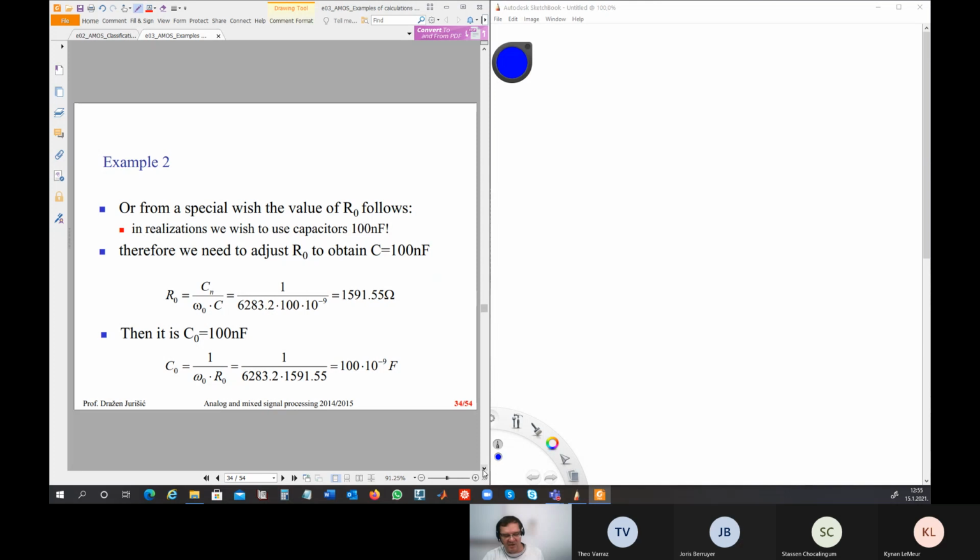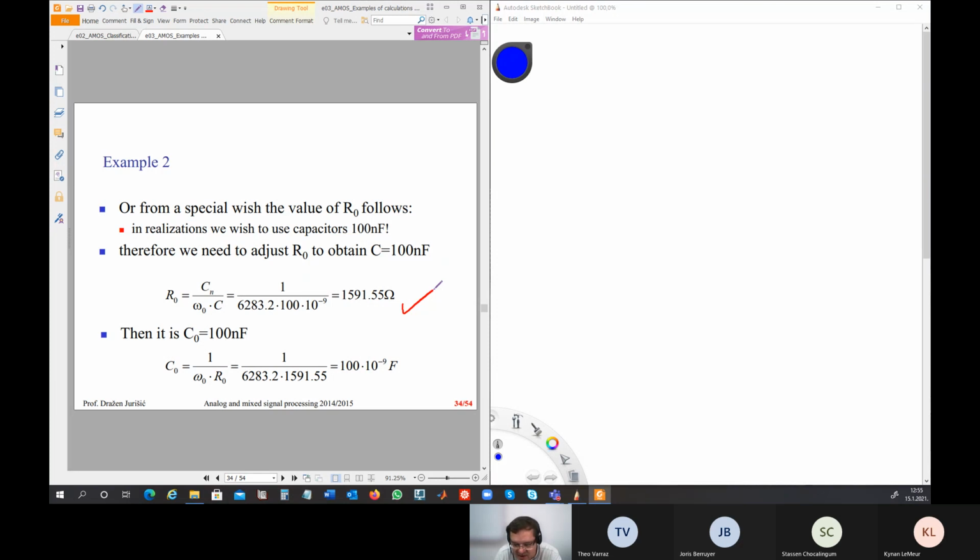And now, from a special wish regarding the value of R0, we wish to use capacitors of 100 nanofarad. Therefore, we need to adjust R0 to obtain 100 nanofarad. Okay? So R0 is 1.59 kilo ohm, and C0 is then, if you use R0, because you can choose whatever R0 or whatever omega 0.